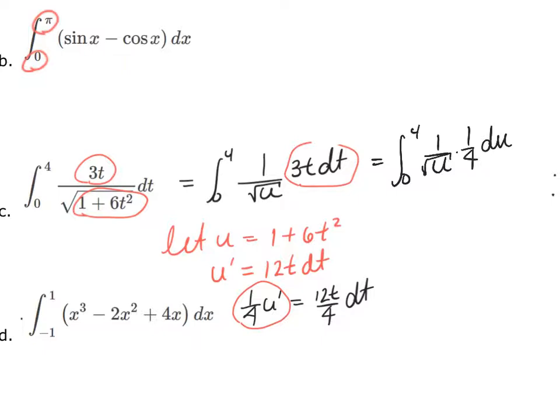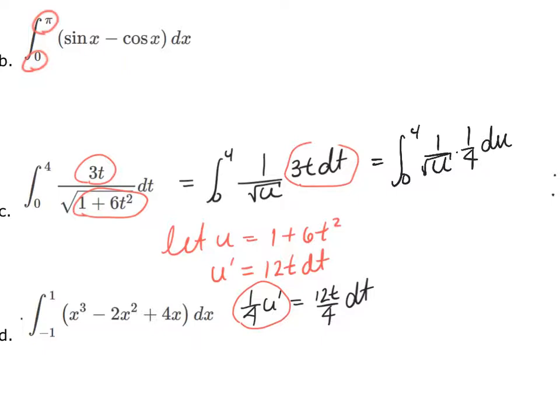Questions for me so far? Why is it 1/4? Why is it u prime over 4? Sure, I can write it as u prime over 4, but I'm going to write it as 1/4 du. Why did you choose to write the u? Okay, so with u substitution, when I introduce the variable u, I have to change my dt to du.